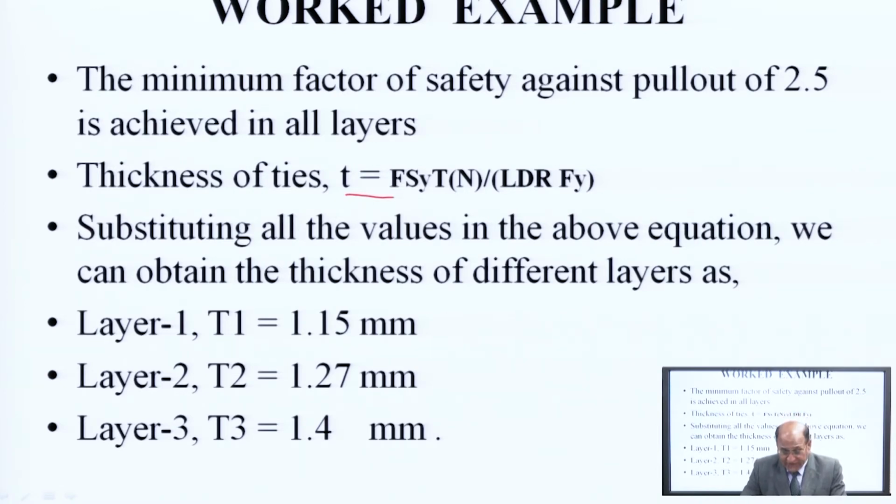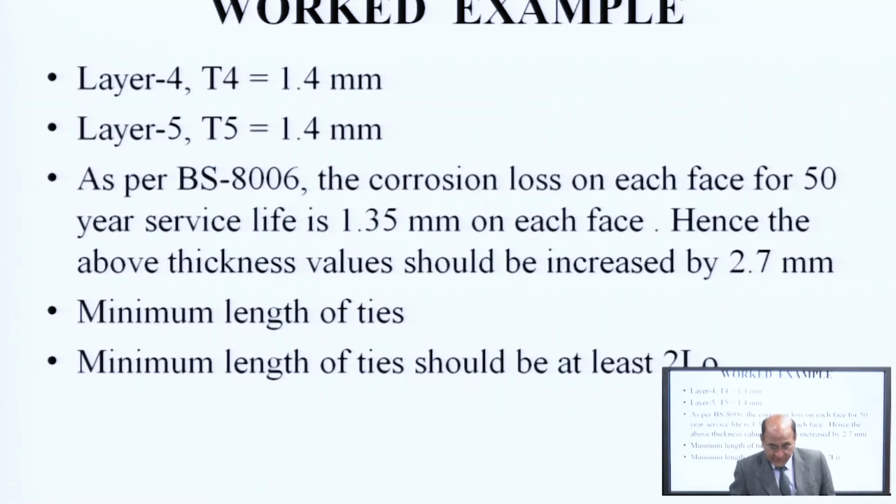Substituting all these values in the above equation, we can obtain the thickness of the different layers: layer 1, T1 will be 1.15 millimeter, layer 2 1.27 millimeter, layer 3 1.4 millimeter, T4 1.4, T5 1.4.